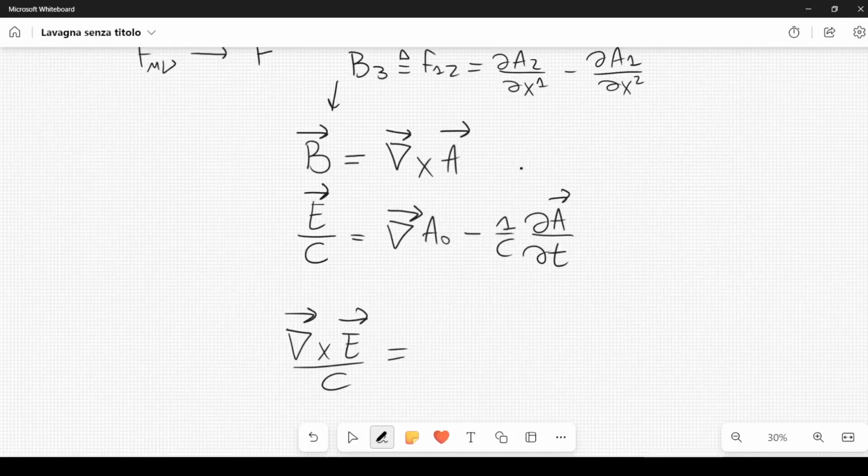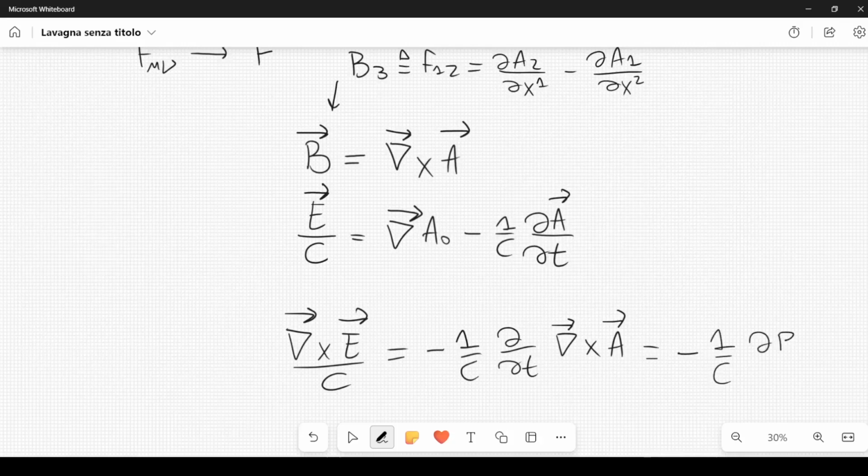It's trivial. And then we have the curl of this expression. So we can also write it as minus 1 over c, derivative with respect to time, curl of A. But now the curl of A is equal to B, the magnetic field. So this is equal to minus 1 over c, derivative of B with respect to time.